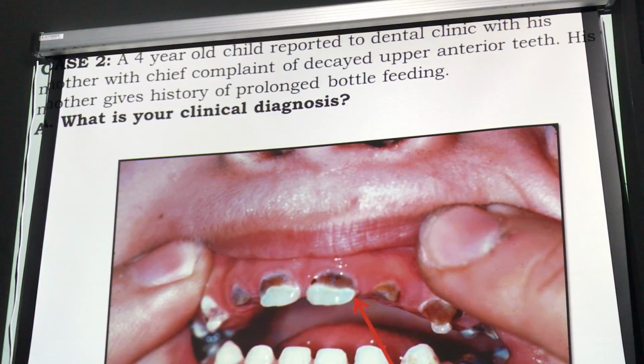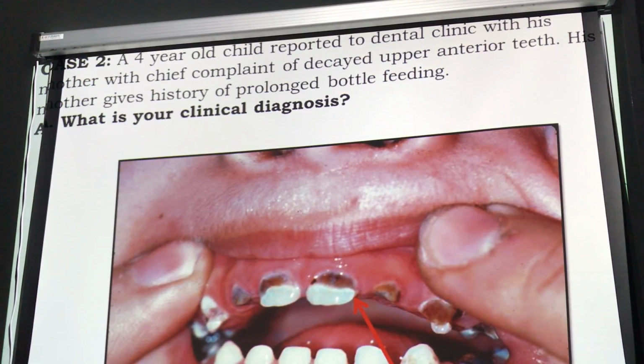What else? That means not only during night time, even during the afternoon nap time or during night, the toddlers or children are fed with bottles containing sweeteners or juices or milk.